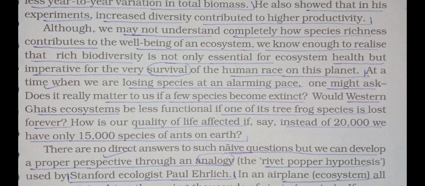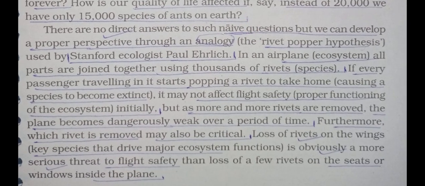Third, how is our quality of life affected if, say, instead of 20,000 we have only 15,000 species of ant on earth? It means how our daily life is connected with the species of ant. So these are some questions. Okay, and now see the last paragraph.